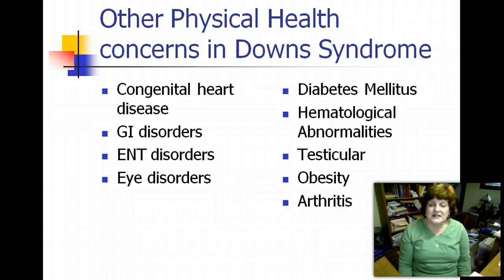They have an increased risk of leukemias, especially ALL and AML, and a significant increase in testicular cancer for the males. So again, screening and teaching is going to be very, very important even for the adults with Down syndrome.